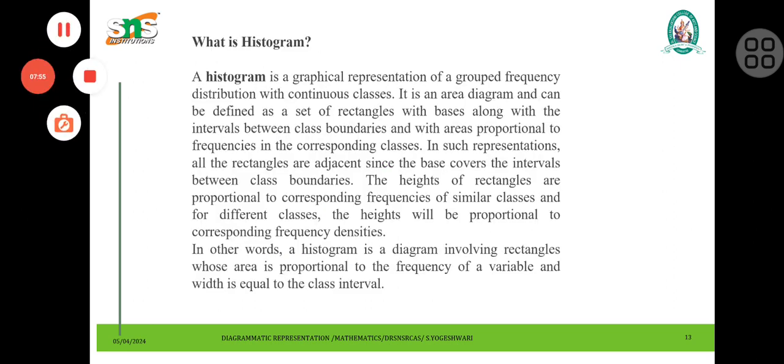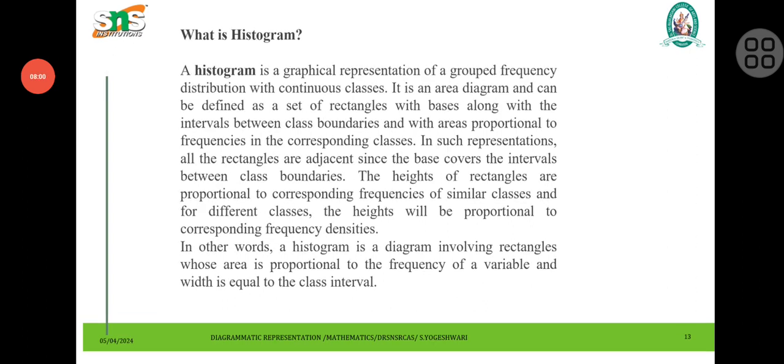What is a histogram? A histogram is a graphical representation of the grouped frequency distribution with continuous classes. It is an area diagram and can be defined as a set of rectangles with bases along the intervals between class boundaries and with areas proportional to the frequencies in the corresponding classes.